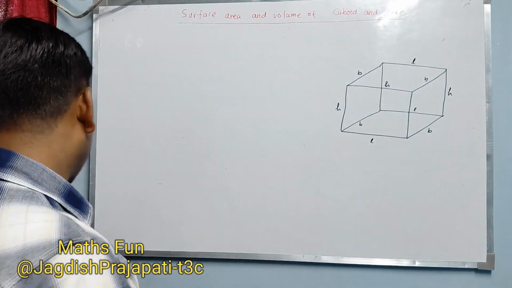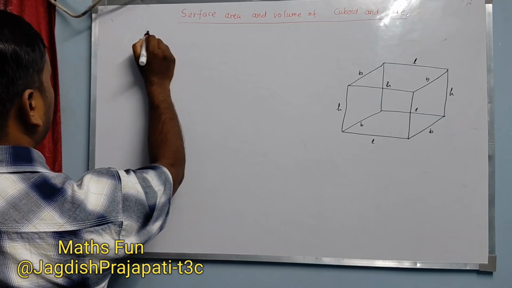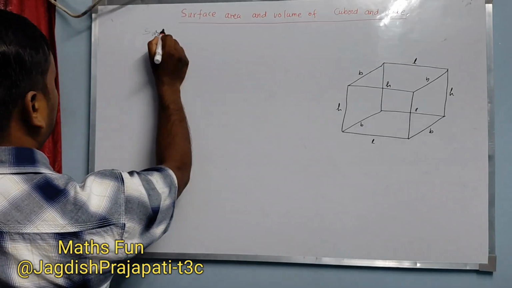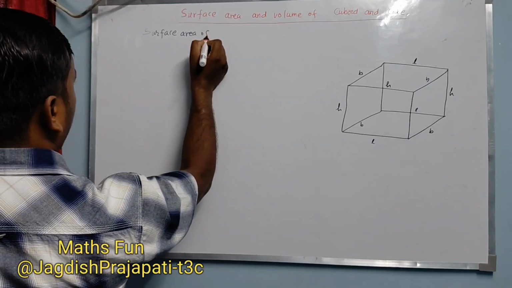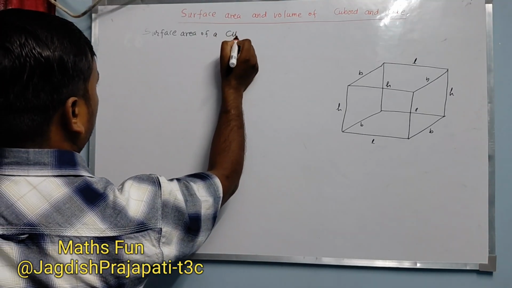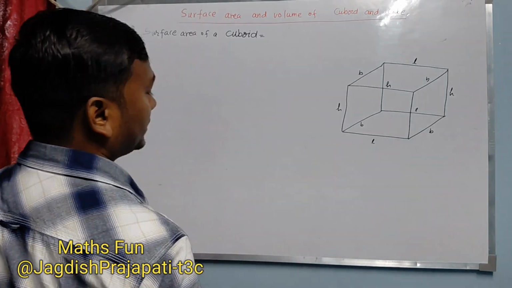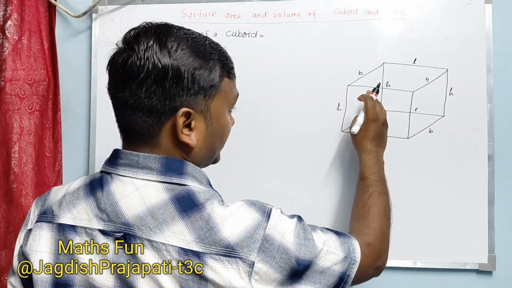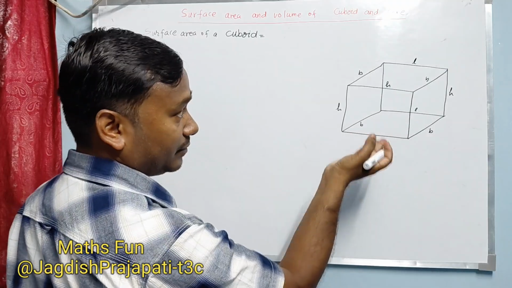So the formula for the surface area of a cuboid will be as follows. Let us consider first top and bottom.